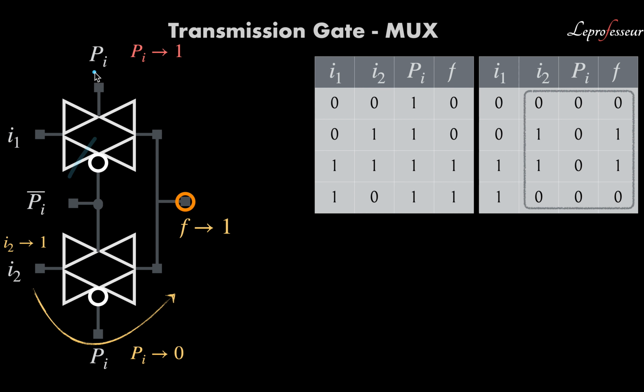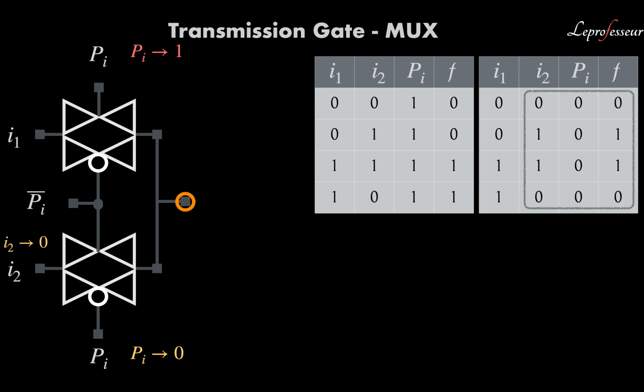And since PI is 0, the 0 is connected to the NMOS gate of I1, and that will be off as well. This will produce a Z value, a high impedance value. But since the bottom one will be on, its value will dominate, whatever is on I2, when PI is 0.